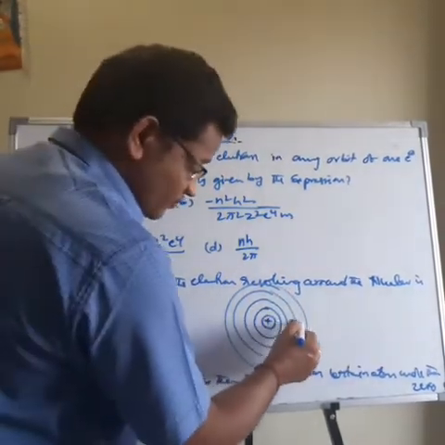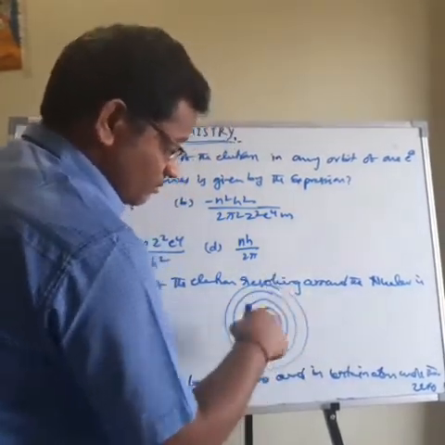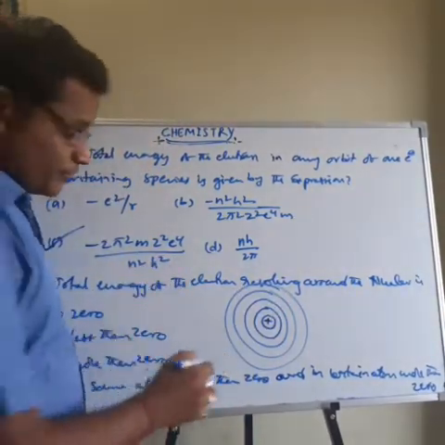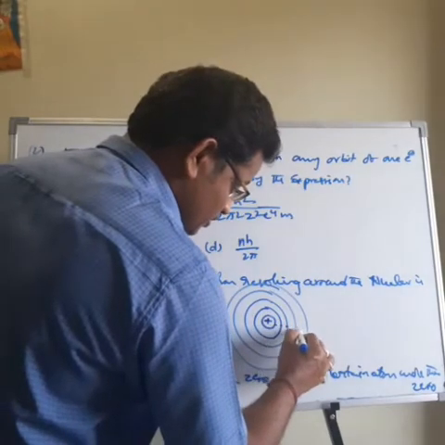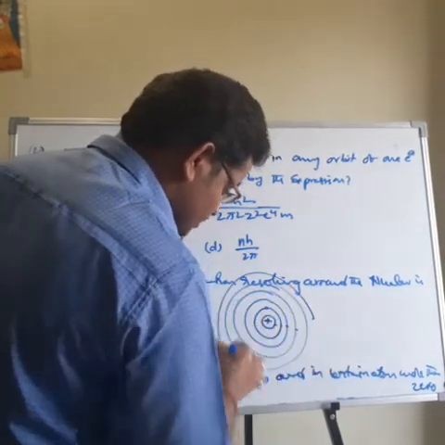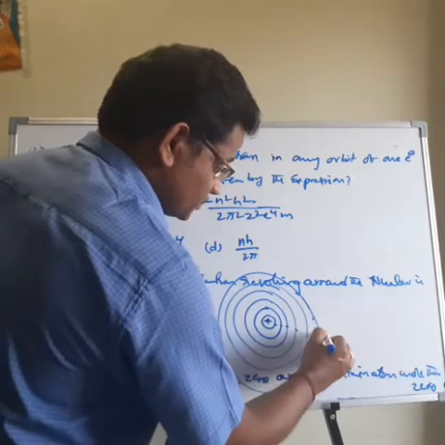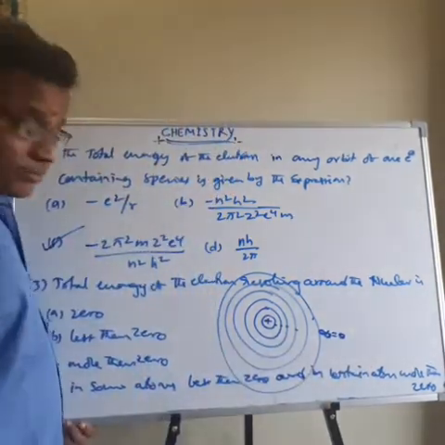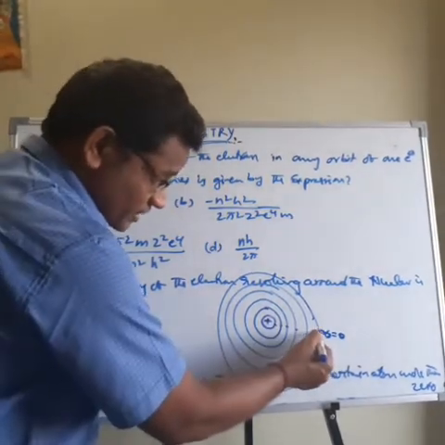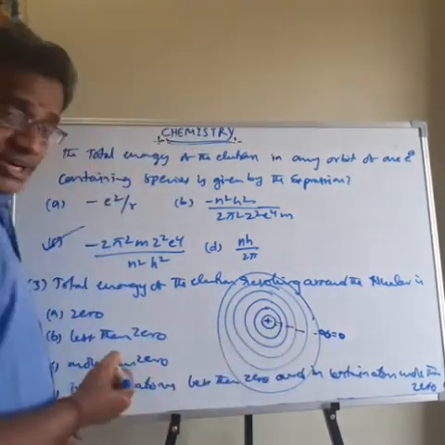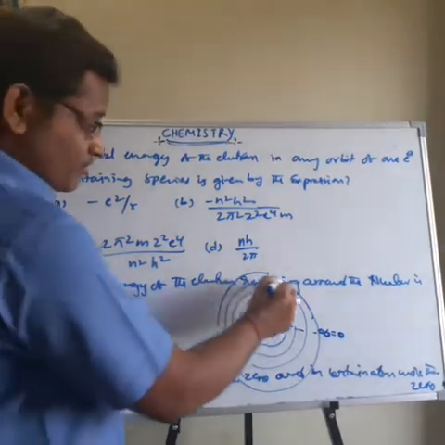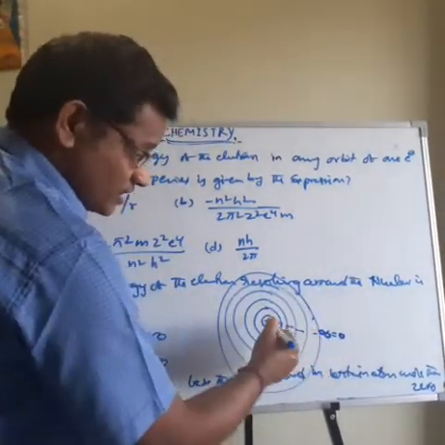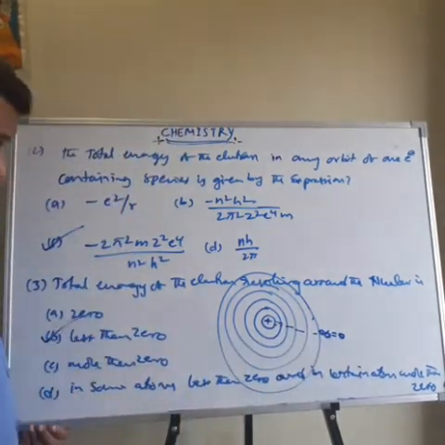At infinity distance, in the infinite orbit, the energy of the electron is 0. But within the atom it is negative and gradually increases. So the total energy of the revolving electron around the nucleus is always less than 0 because of the negative sign. Less than 0 is the correct one.